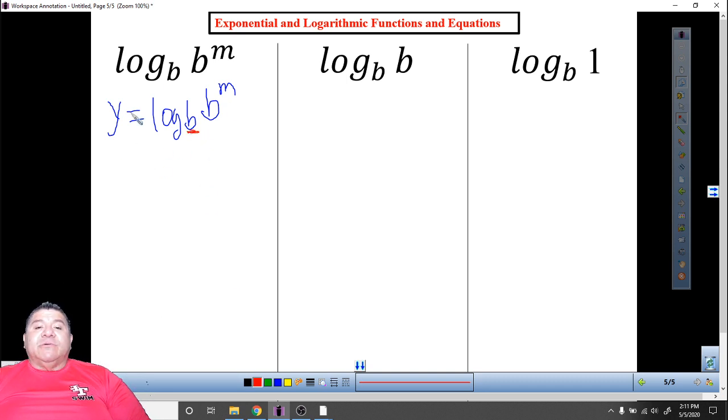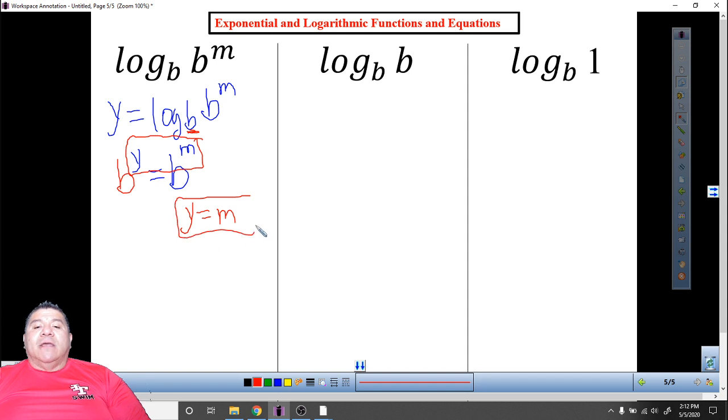So that means if I was to rewrite this in exponential form, it would be b to what exponent? To the y exponent equals, what is the given number? b to the m. And now it is obvious that we can solve for the exponent. So what would be our exponent if we were solving for y? Whatever number is there. For right now, I'm going to write m. y equals m.